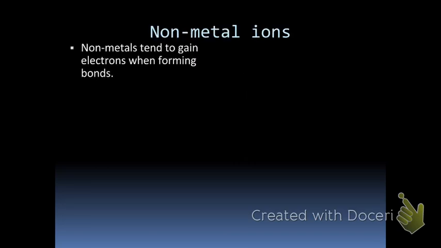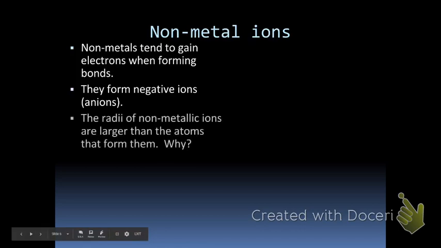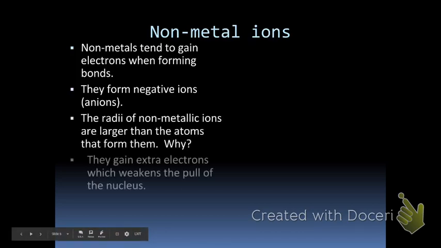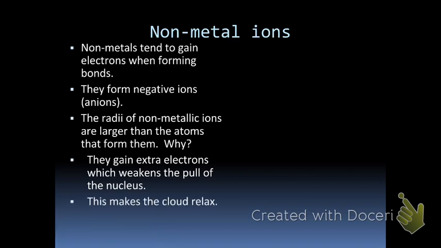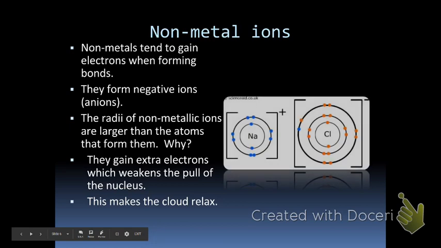So nonmetal ions tend to gain electrons when forming bonds. They form negative ions, which are called anions, and then the radius becomes larger. Why? The extra electrons weaken the pull of the positive nucleus. So those are nonmetal ions. Let's get our example of oxygen. Here you have oxygen. Oxygen has 8 protons.